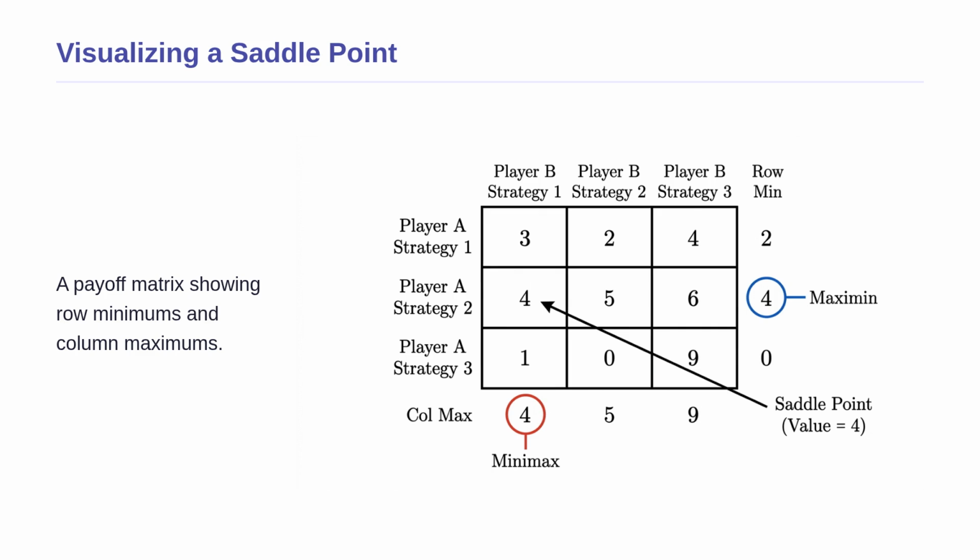Notice the blue circle highlighting the highest row minimum and the red circle highlighting the lowest column maximum. When the highest number in the blue circle matches the lowest number in the red circle, that specific cell in the matrix becomes the stable solution for the entire game.